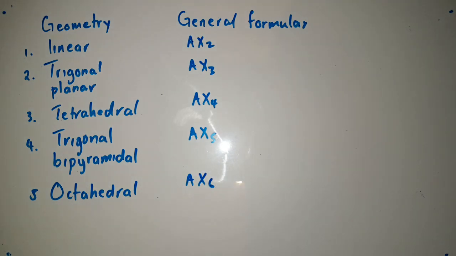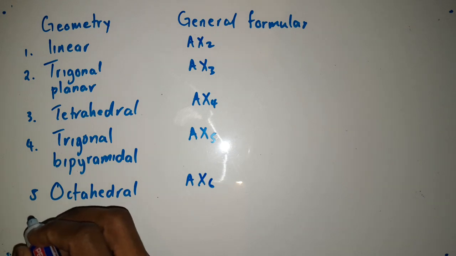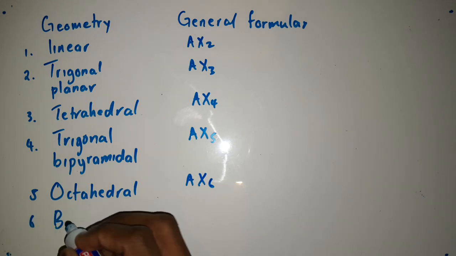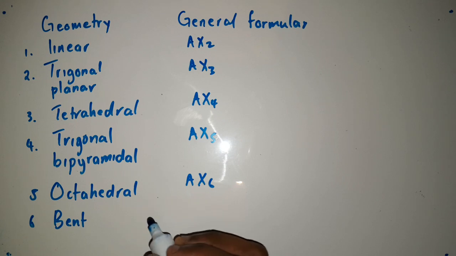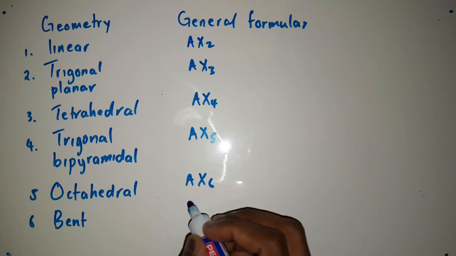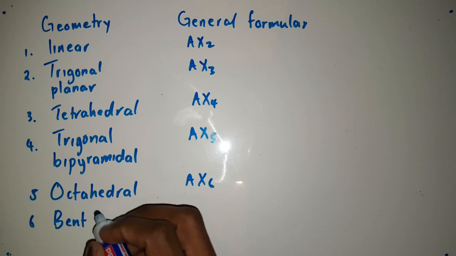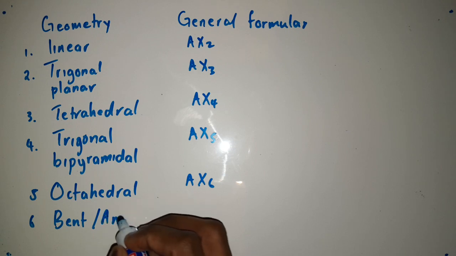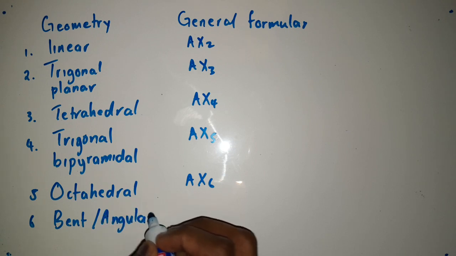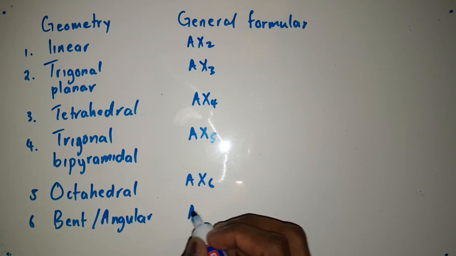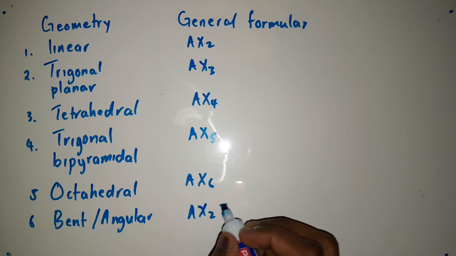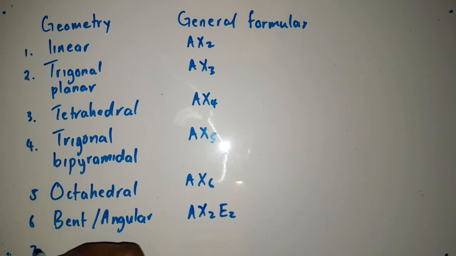Then lastly, I can add a bent shape, or an angular, don't forget, angular, which is given by AX2E2. Then we have a trigonal pyramidal.